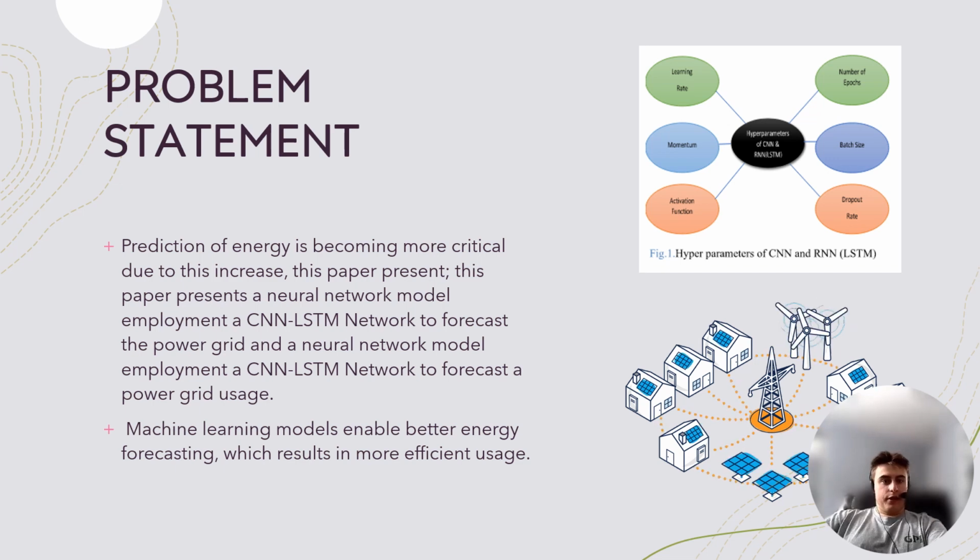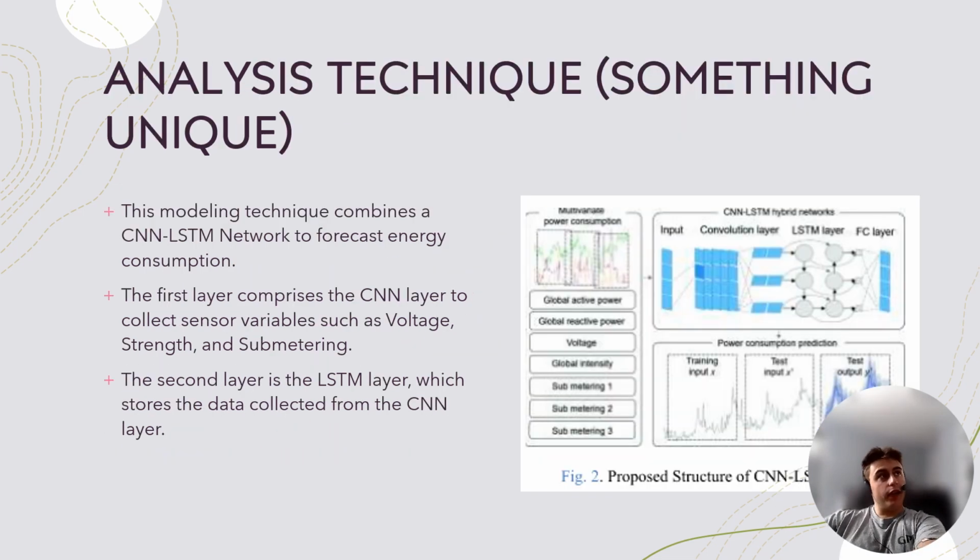Now, as you can see in the top right-hand corner, these are the hyperparameters of the coupled network, and it moves into how the learning rate, momentum, and the activation function go into this machine learning algorithm, and they get put into epoch size, batch size, and the dropout rate. So very interesting stuff, and we'll head into the next slide.